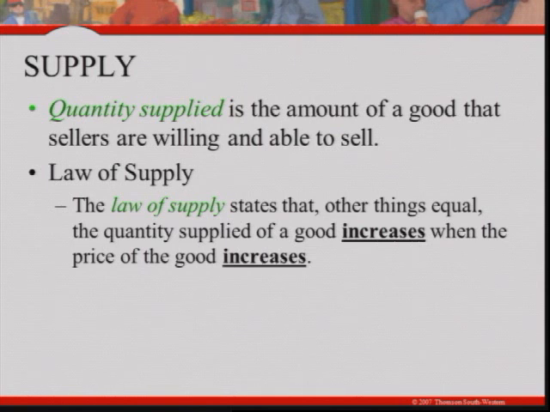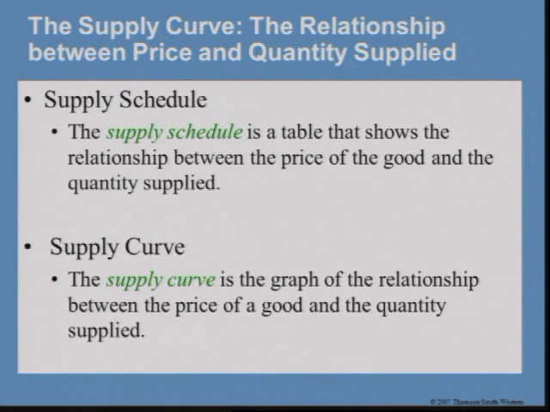Okay. And if I said $50 or $100, all of your hands would definitely be up. So we see this positive relationship between the price of the good and the quantity supplied. More and more of you were willing and able to supply at higher prices, and that just represents the law of supply.